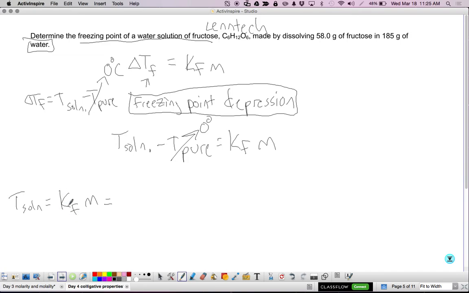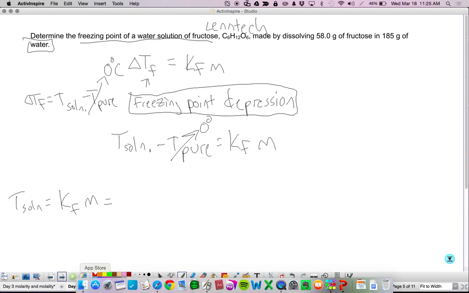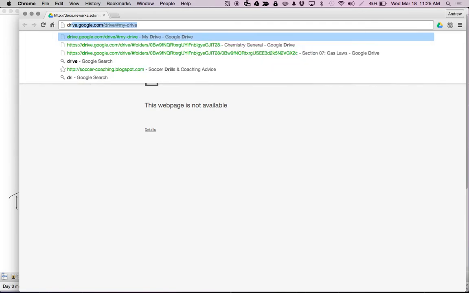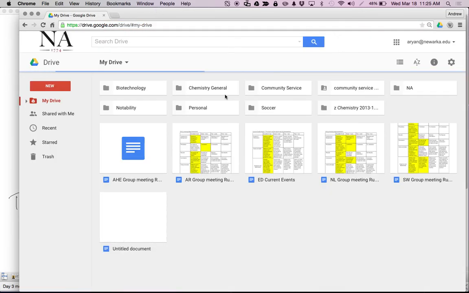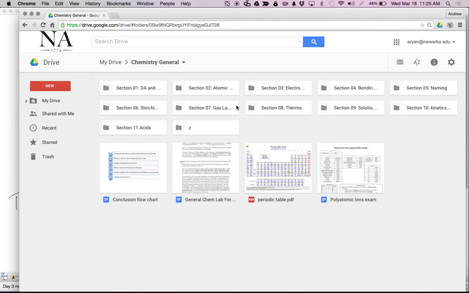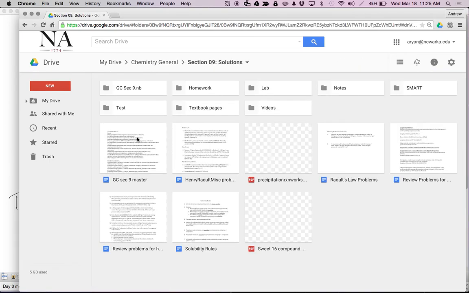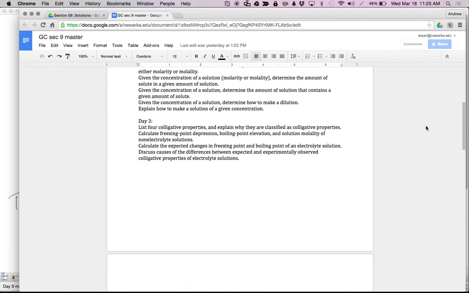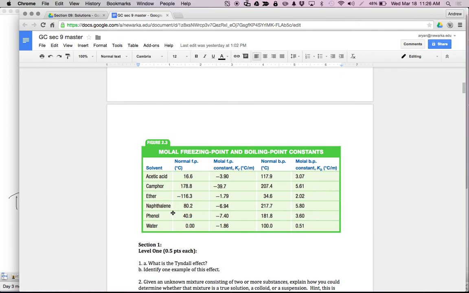All right. Now, the next thing that I need to do here is I need to get the KF and the M. Now, KF is a constant. So if you go to the master document for this unit, on the drive, I have put the table from the book in here.